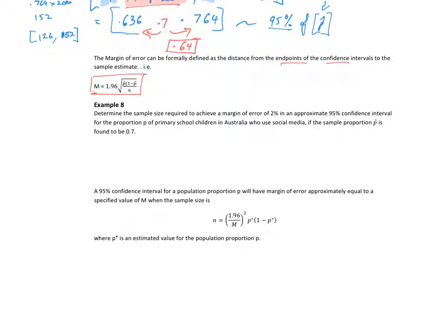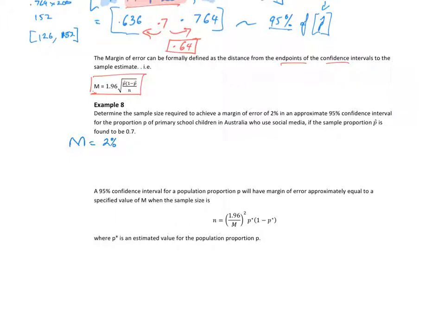Determine the sample size required to achieve a margin of error of 2% in an approximate 95% confidence interval. So we want the margin of error to be 2%.